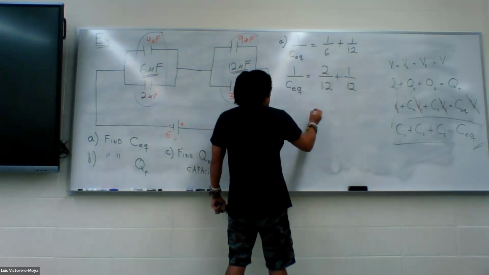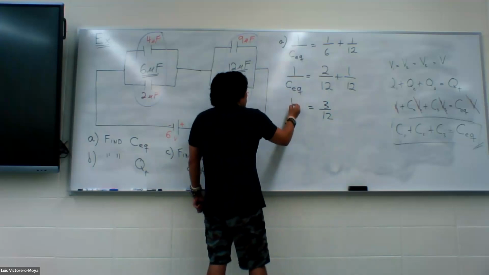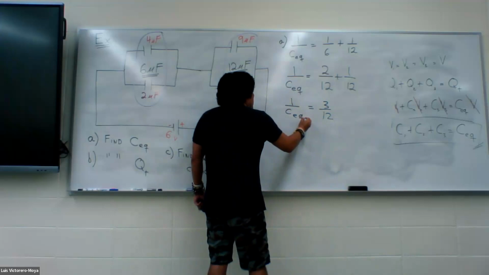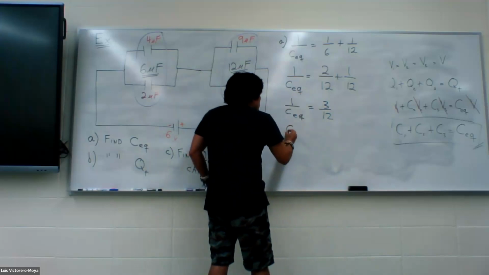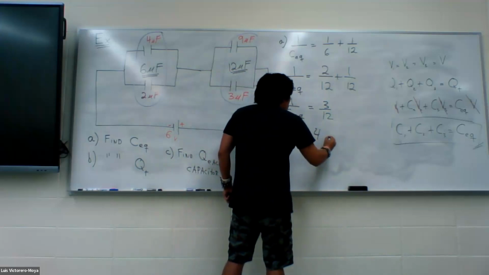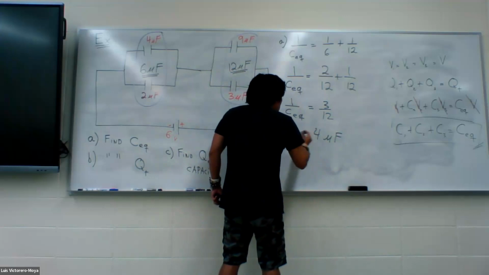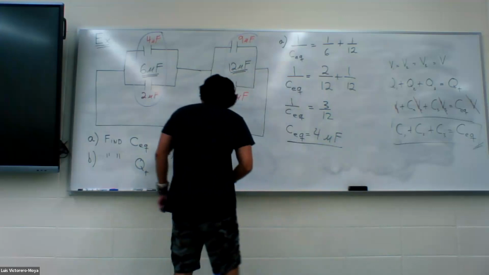Now I can add this: 3 over 12. But wait a second. That's 1 over C equivalent. So I flip it. C equivalent is 12 over 3, 4 microfarads. That's my answer for A.